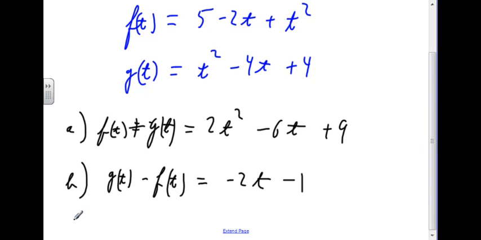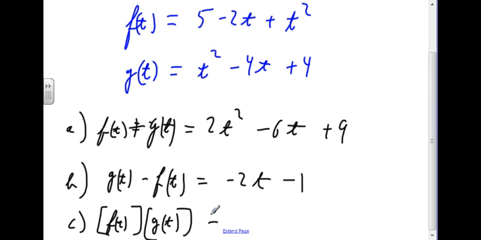I have two more to do and only enough room to write down one of them. Oh well. We want f of t times g of t. Well, I guess I can't do that in my head. And I guess I'm going to write it in alphabetical order. Okay, so I got t squared minus 2t plus 5.